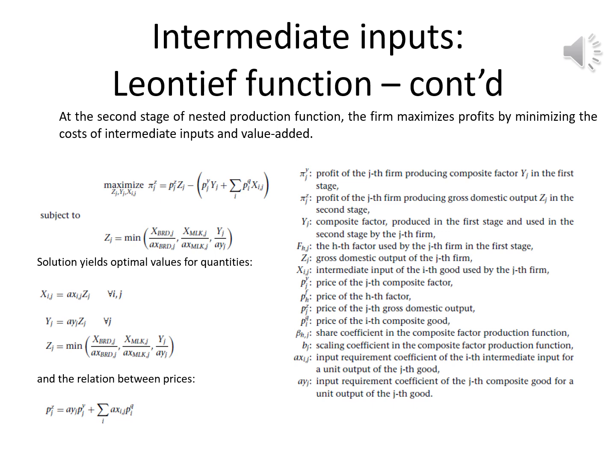So all in all, we say that the cost of production here is the cost of value added, the cost of capital and labor together, which is the first term in brackets, and then the other cost item is the costs of using intermediate inputs from other sectors, and that is the second term in brackets.